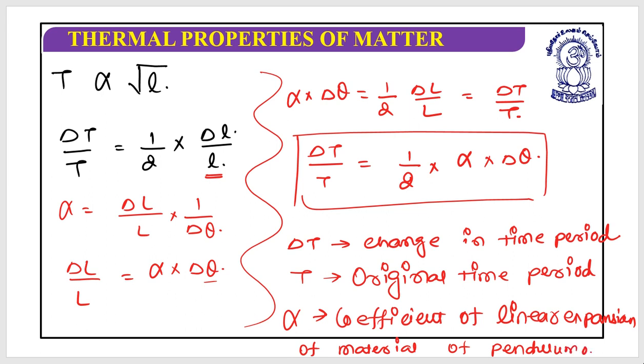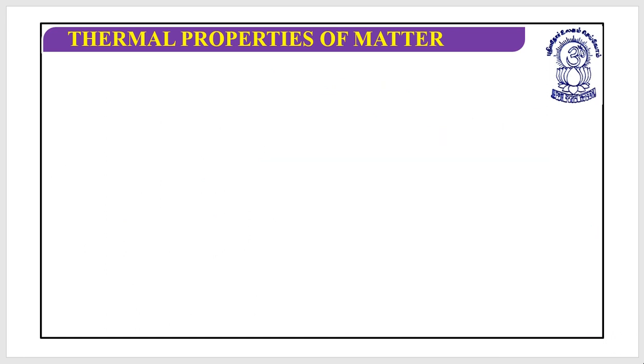Did you get this? Are you sure? So we have this relation: delta T by T equals 1 by 2 into alpha into delta theta. This is the situation.